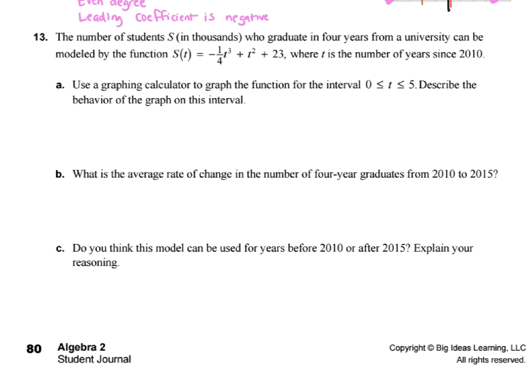So they want you to use the graphing calculator to graph a function for the interval between 0 and 5. Describe the behavior of the graph on this interval. Okay, so let me go ahead and pull up Desmos. Give me 1 second.